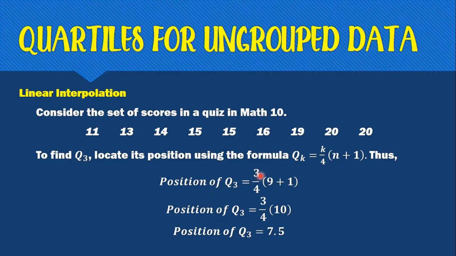By substitution, we have 3 over 4 times the quantity of 9 plus 1. 9 plus 1 is equal to 10, and 3/4 of 10 will be equal to 7.5. Since we obtained 7.5, we'll be using the 7th and the 8th data in this given arranged data.